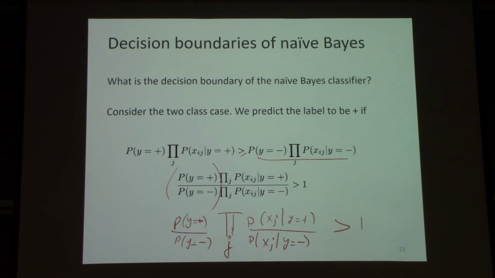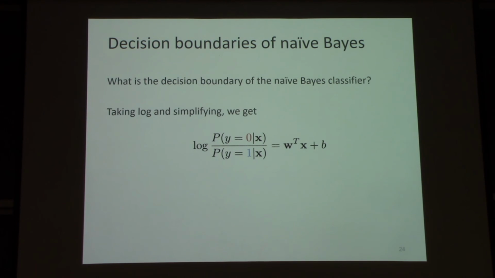Let's make this greater than or equal to. I've done nothing here. If the naive Bayes assumption is true, this is true. Now, at this point, in order to reason more about this, you need to start asking what is the functional form of this P? What do these P's look like?